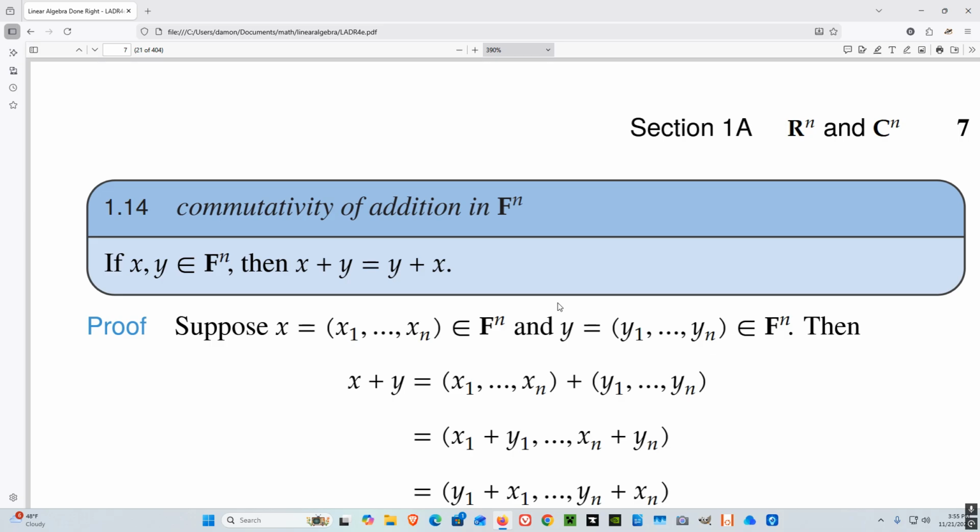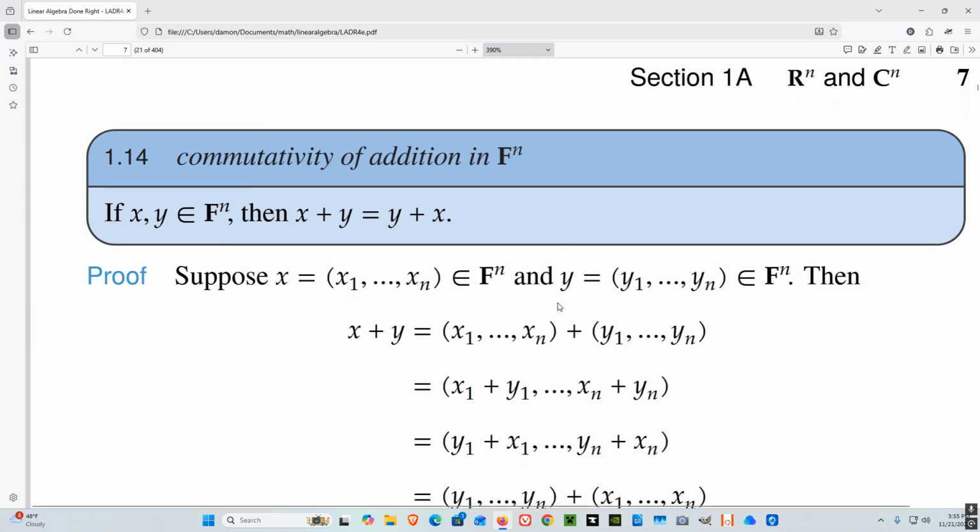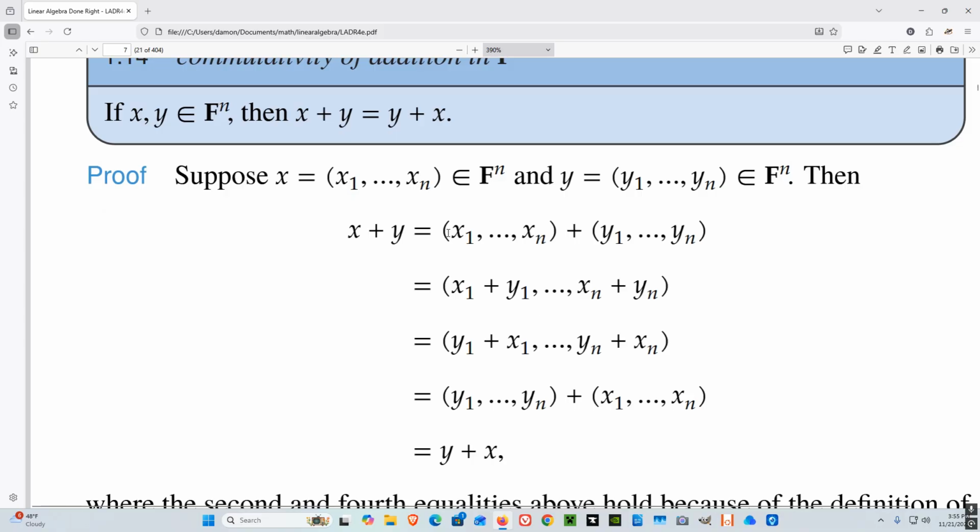If x, y are in F^n, then x plus y equals y plus x. Suppose x equals x1 through xn in F^n, and y equals y1 through yn in F^n. Then x plus y is the x list plus the y list, so you add them coordinate-wise.